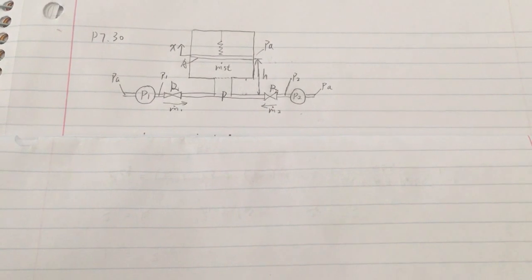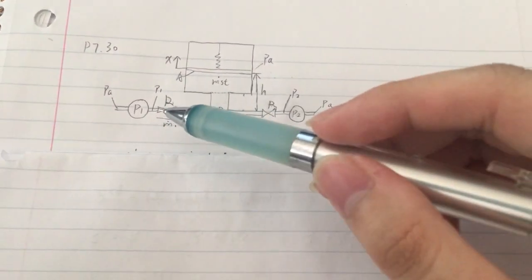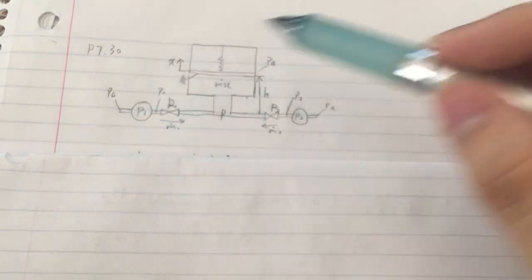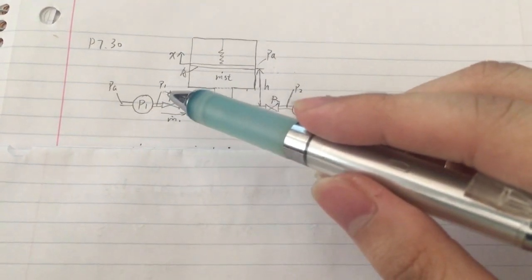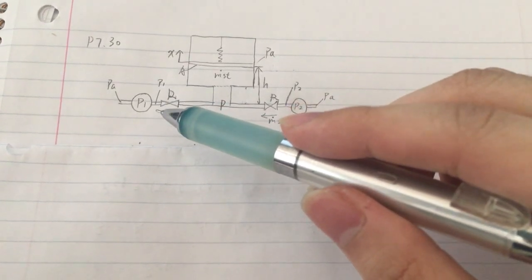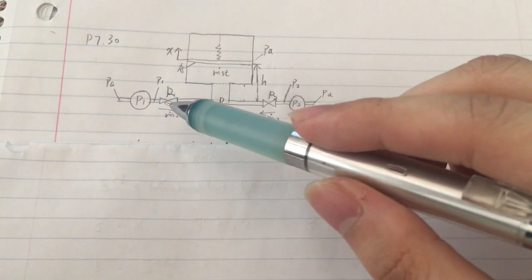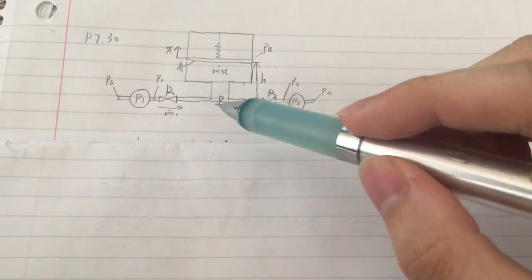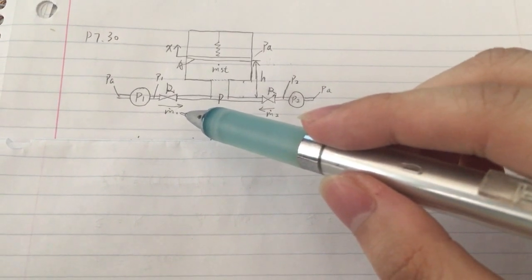So firstly, we need to analyze the figure, and from this figure we can get PA, 3PA, and that can be ignored. On the left side, we can get P1 and come through the resistors to get P with the M1 dot mass flow.